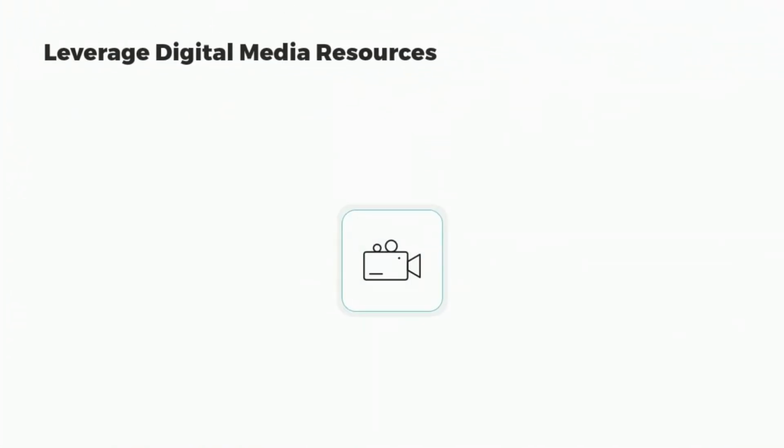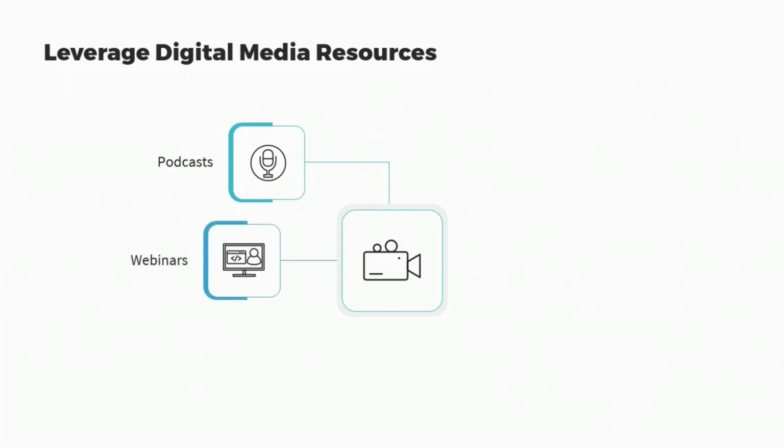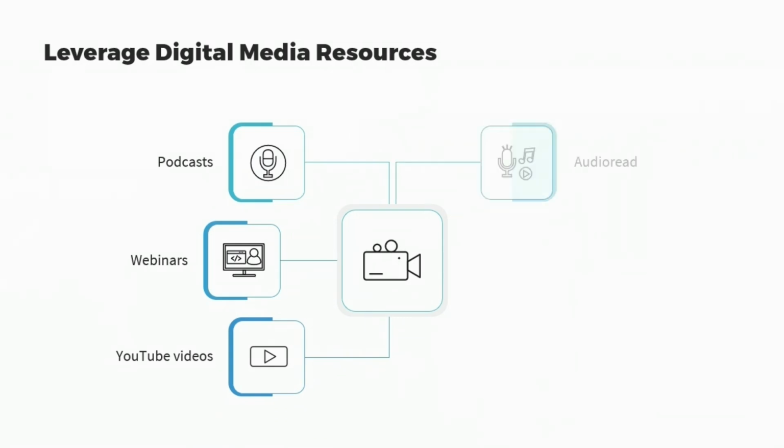And digital media resources offer a wealth of educational content on AI and automation in various formats. Podcasts feature interviews, discussions, and insights from industry experts and practitioners on topics related to AI and automation. Live or recorded online seminars covering a wide range of AI and automation topics often feature subject matter experts as presenters. And YouTube video content on AI and automation, including tutorials, demonstrations, and thought leadership presentations from industry leaders, can be an invaluable resource.